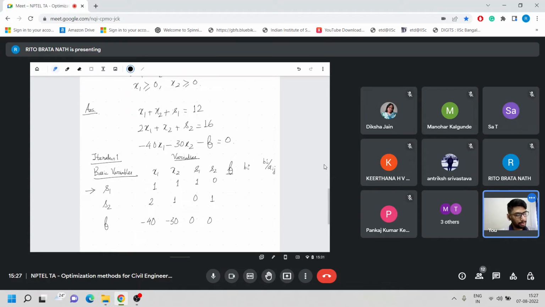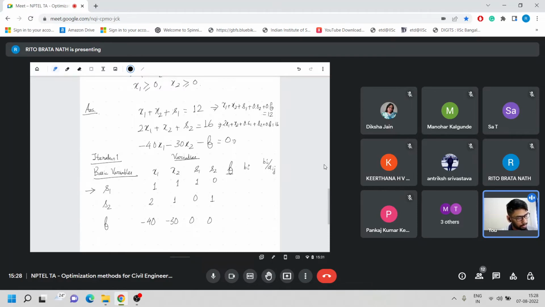Okay, so notice that this equation you can write as x1 plus x2 plus s1 plus 0 multiplied by s2 plus 0 multiplied by f equals 12. This one also you can write as 2x1 plus x2 plus 0 times s1 plus s2 plus 0 times f equals 16.